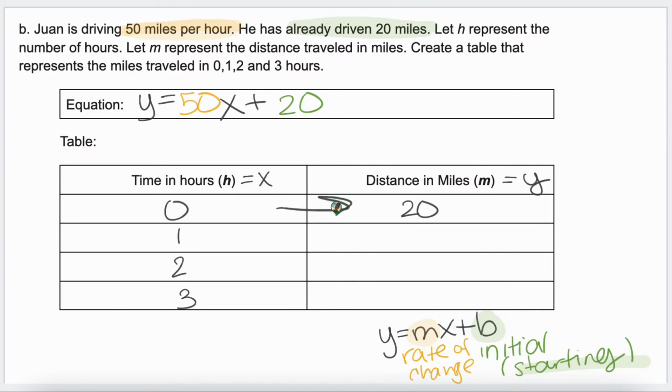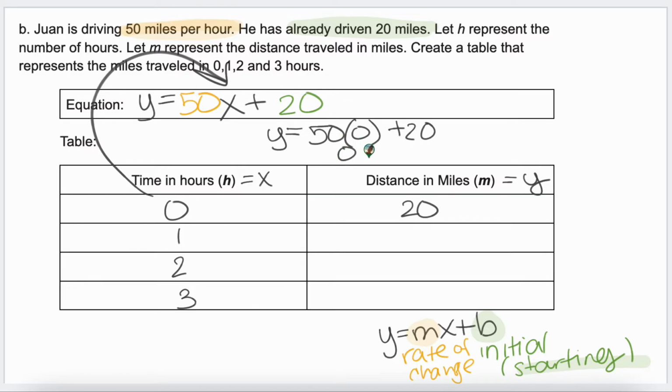So we can find that out from our word problem. The other thing that we can do is substitute our x into our equation and solve, right? So we could just do y is equal to 50 times our x here, which is 0, plus 20. So 50 times 0 is 0. Any number times 0 is 0. So we'd have 0 plus 20, which is 20. Okay? That's what we get here.